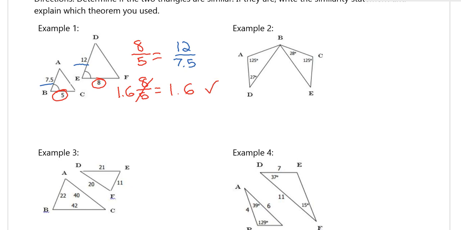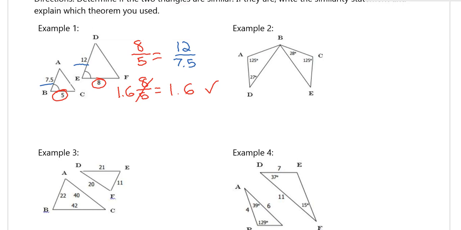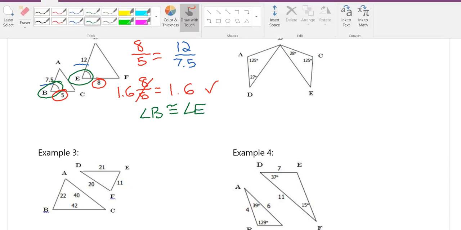Okay. Then, do I have my angle between them? Yes. Angle B and angle E both have one little arc mark. So angle B is congruent to angle E. Okay. So now I'm going to write my similarity statement.